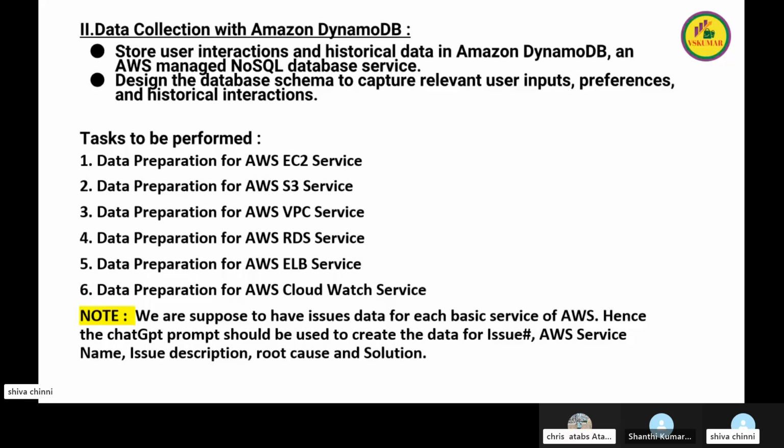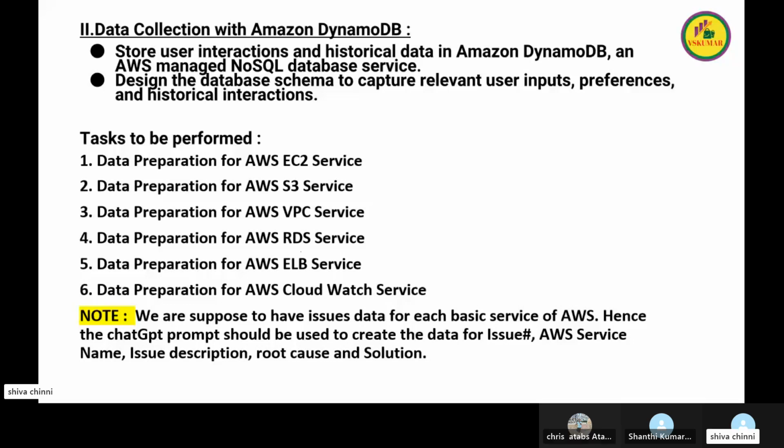The tasks for this data collection with Amazon DynamoDB are: first, data preparation for the AWS EC2 service, then for the AWS S3 service, and then for AWS VPC as well as RDS, ELB, and CloudWatch. These are the basic AWS services we are going to collect data for with Amazon DynamoDB.